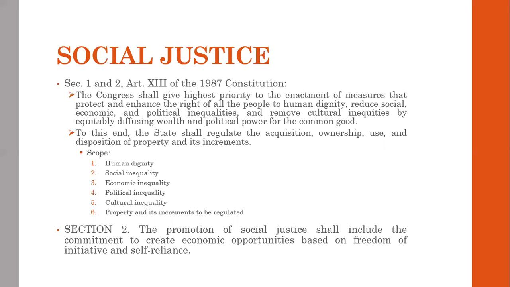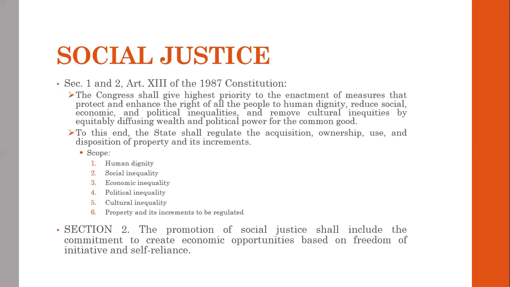So particularly under Section 1 and Section 2 of Article 13 of the 1987 Constitution, it provides that the Congress shall give highest priority to the enactment of measures that protect and enhance the right of all the people to human dignity, reduce social, economic, and political inequalities, and remove cultural inequalities by equitably diffusing wealth and political power for the common good.